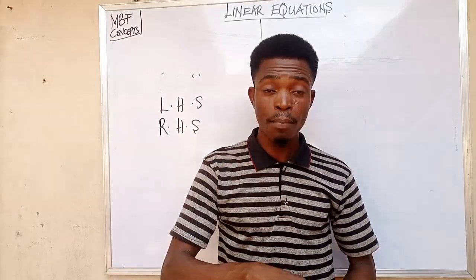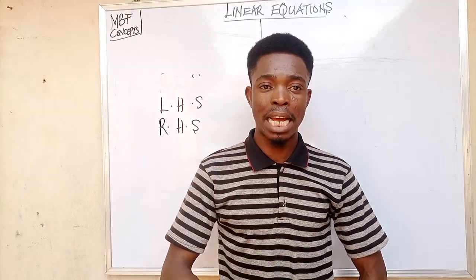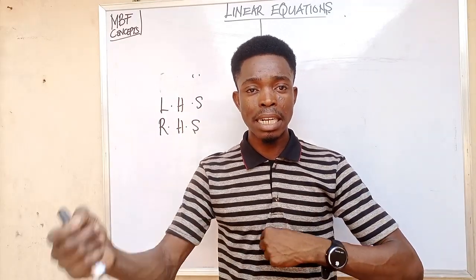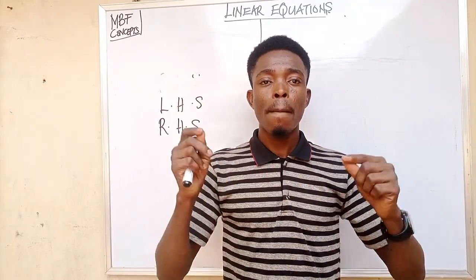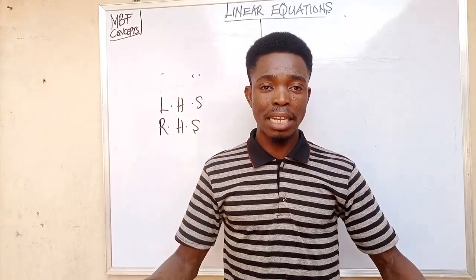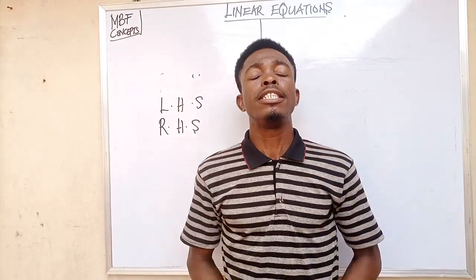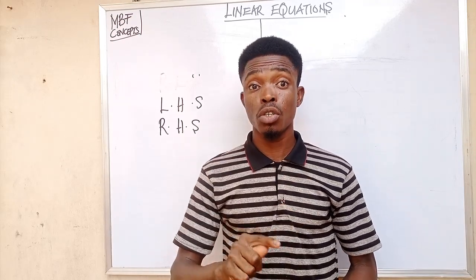Then number three says anytime a negative sign crosses the sign of equality, it must change to positive sign. And number four says anytime the coefficient of the variable is greater than or less than 1, you must divide both sides by the coefficient of x. These are the four basic rules that you need to solve problems on linear equations effectively.